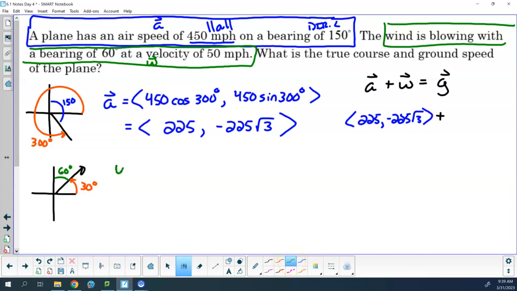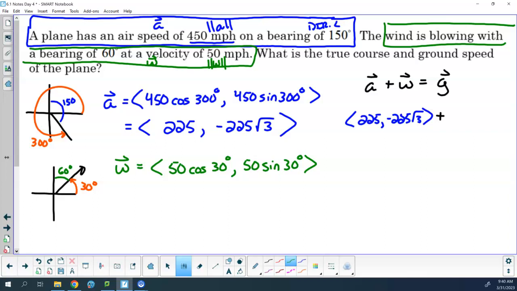So my wind vector then would be 50, the magnitude, times the cosine of 30 degrees, comma, 50, the magnitude, times the sine of 30 degrees. What is the cosine of 30 degrees?